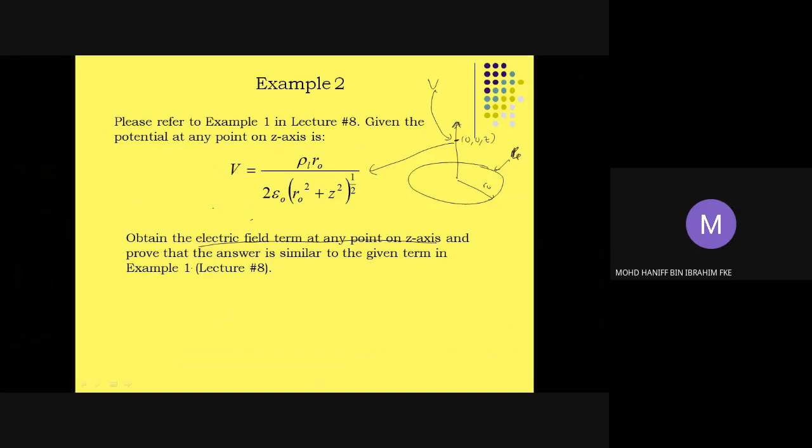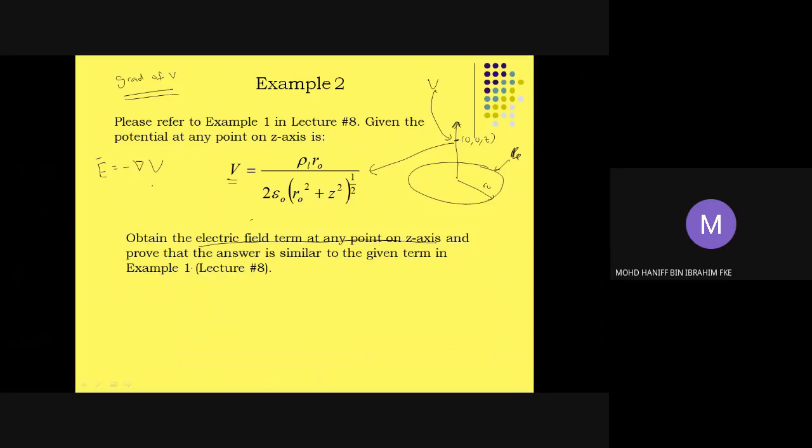As we have learned previously, to find the E field if you are given the V, we simply use the equation E equals negative grad of V, also known as the gradient of V. Either one should be okay.